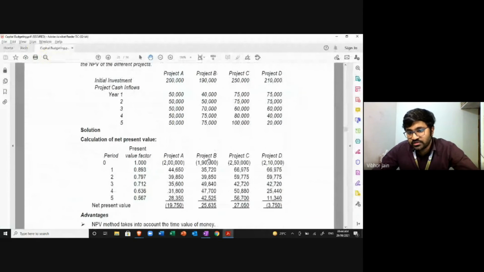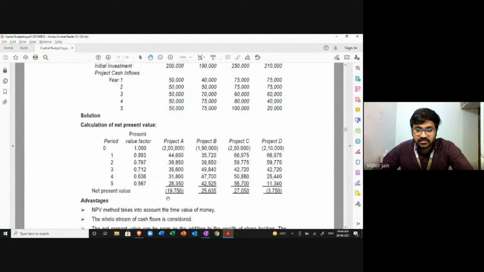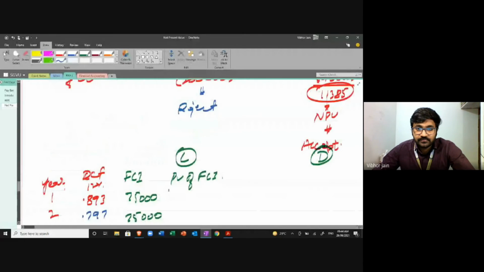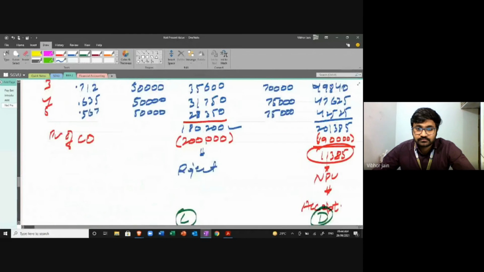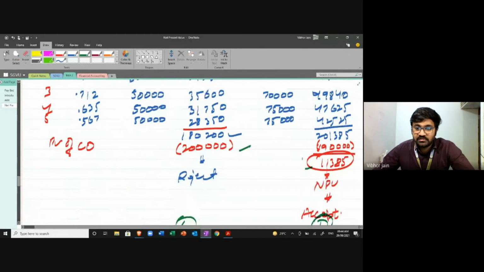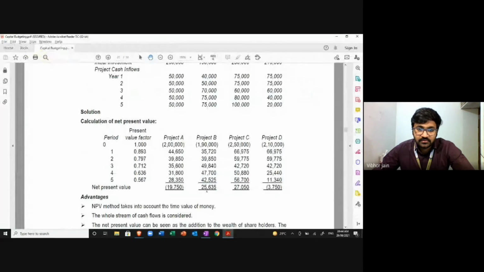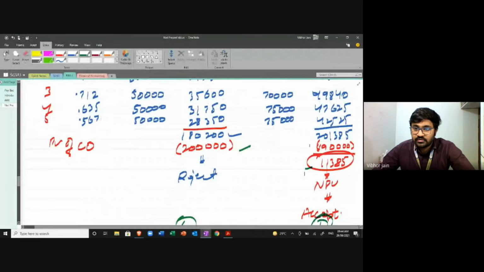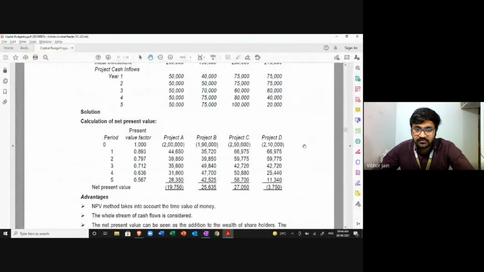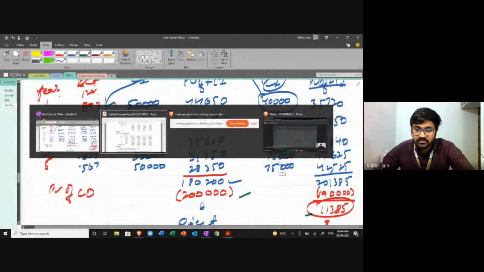This is my future cash inflow. I multiplied all of this. So first is 19,750. Negative. This is positive 11,385. Some difference in amount. 35, 39, 49, 47, 42.